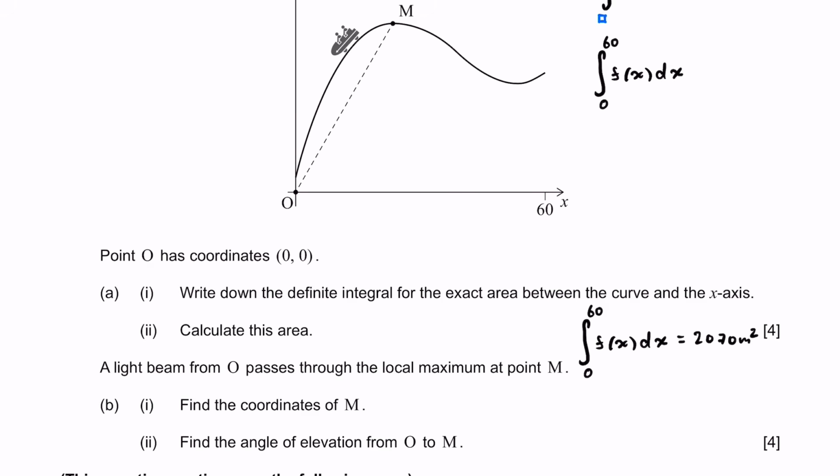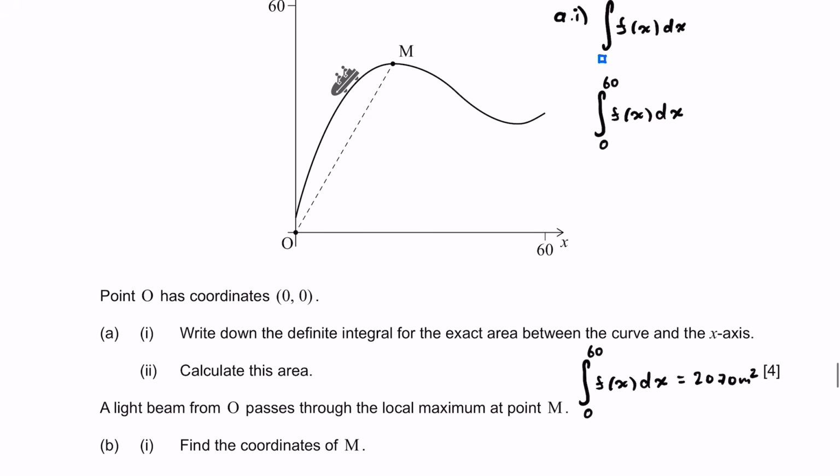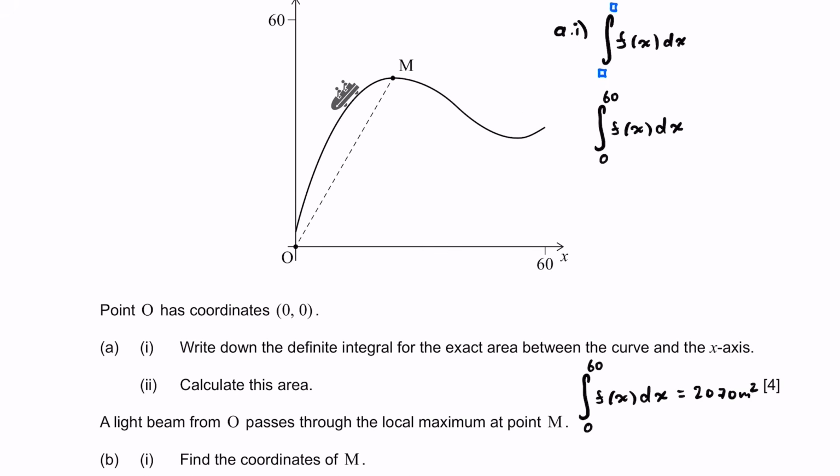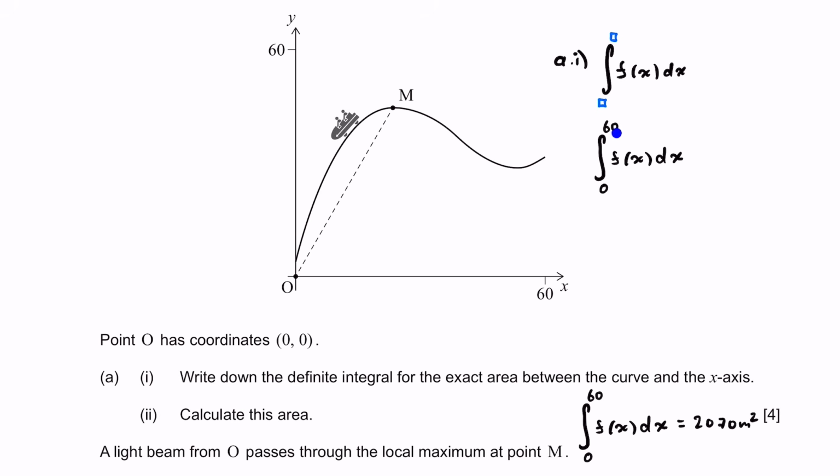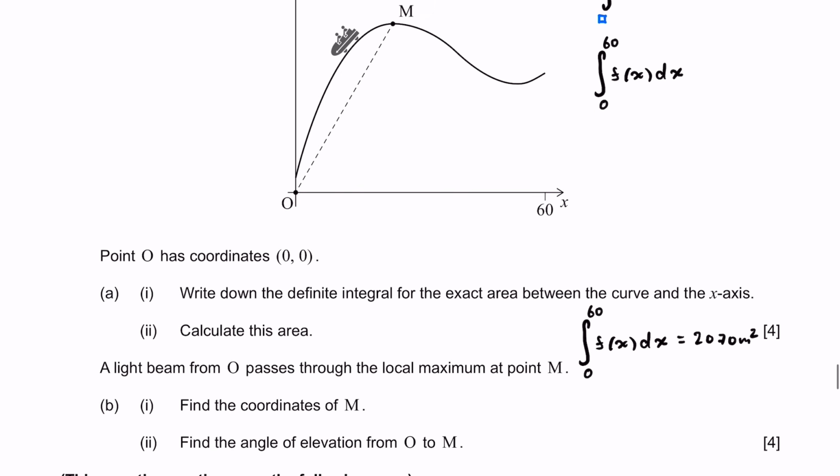Okay, so not a bad question if you understand the notation and some of the terminology here and what it refers to. Definite integral, definite because we have beginning and ending points. Area under the curve is given by our integral. So here's our definite integral, and then using that, we can find the area.